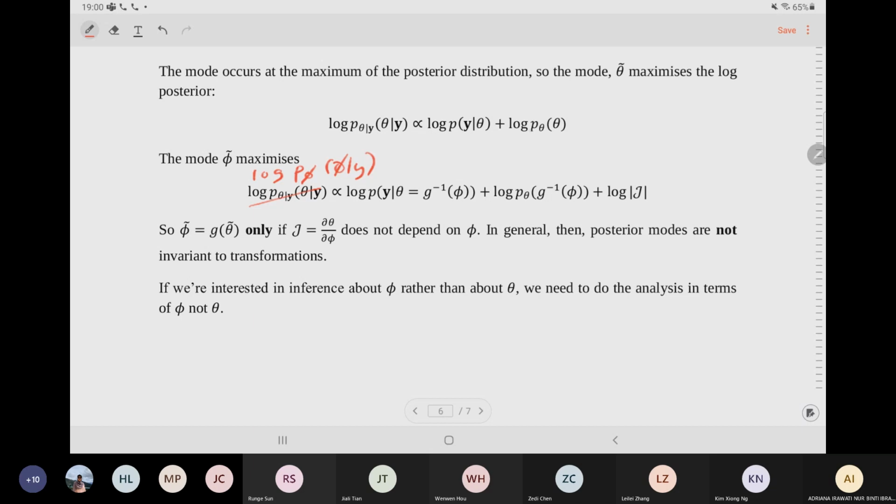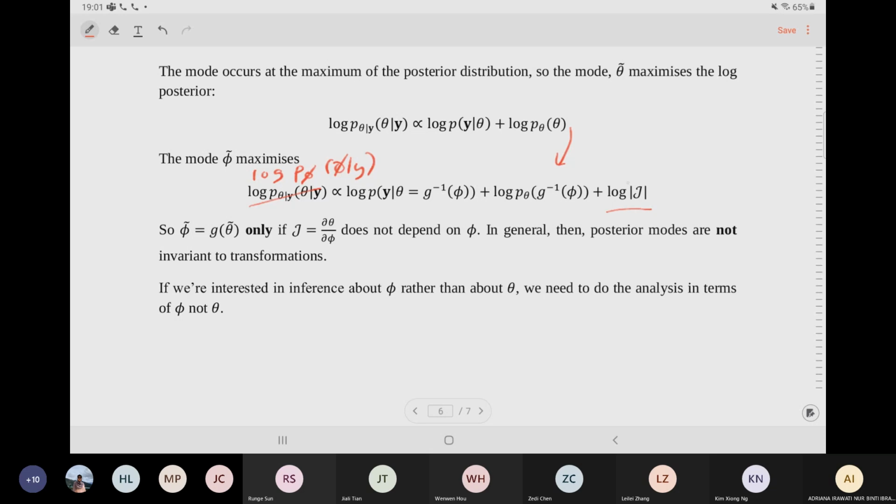You can just transform from here to here only if the Jacobian does not depend on phi. As I said before, usually your prior is not invariant. So this means that the posterior modes are not invariant to transformation because of the Jacobian.